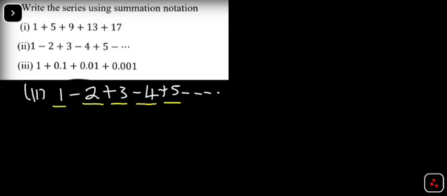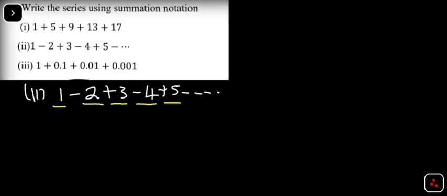Like I said, in order to write the summation notation, the first thing you're supposed to do is identify the general term. The terms follow the sequence n, but the sign alternates, an infinite alternating series.